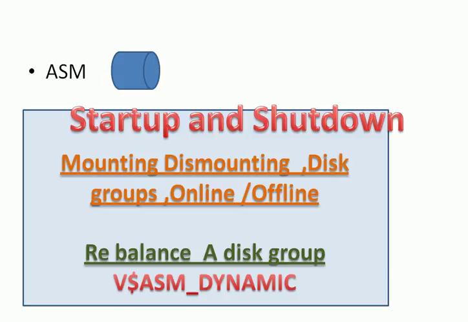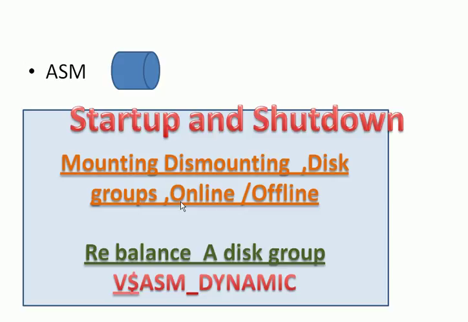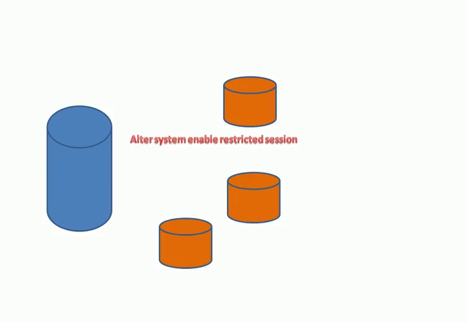Additionally, I can query the V$ASM dynamic views on an ASM instance, in this location. So now you understand what activities you can do in an ASM instance.